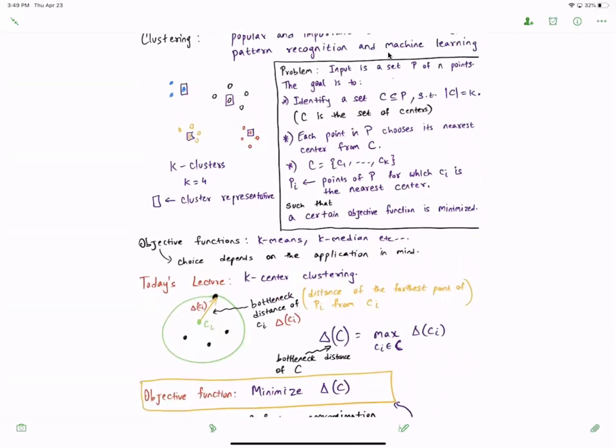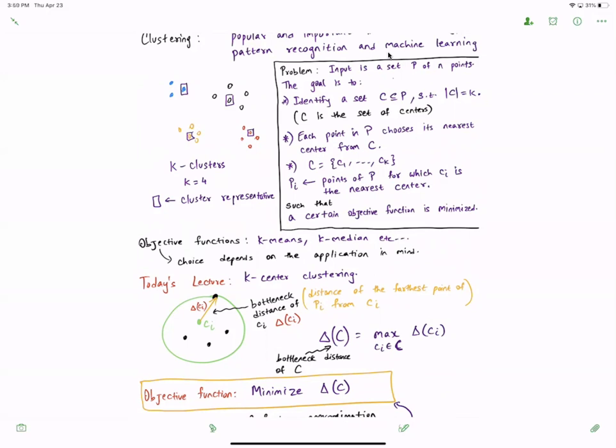Okay, so before I formally define what K-center clustering is, I'll need some definitions to build up to it. Let's say we have some clustering. We picked a set of K centers. Let's go to one of the clusters whose center is C_i, shown in the figure on the left. All the points within that green circle are part of that cluster.